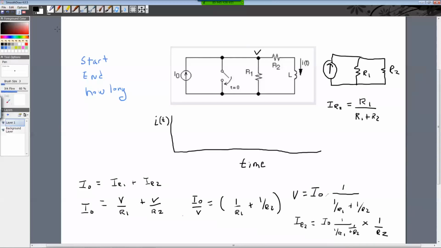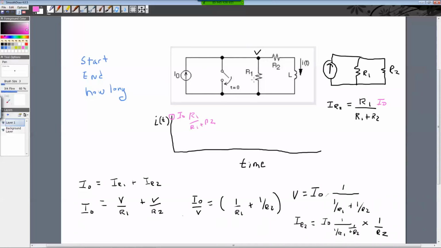All right. So in this case, we're going to start up here. And then we're going to end somewhere. Where are we going to end? Well, we close the switch, and then all the current is going to go through here. And not only that, when the switch is closed, this spot and this spot are shorted.